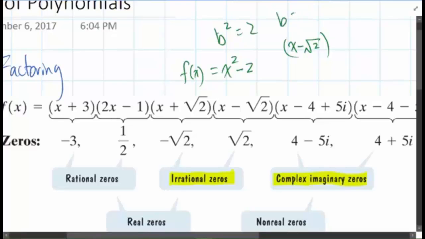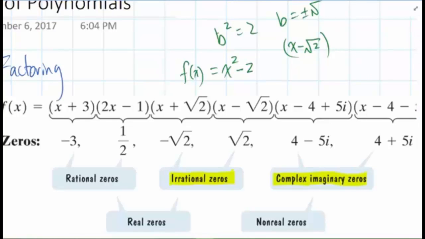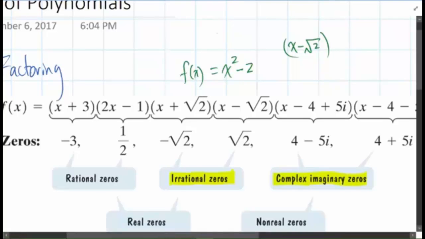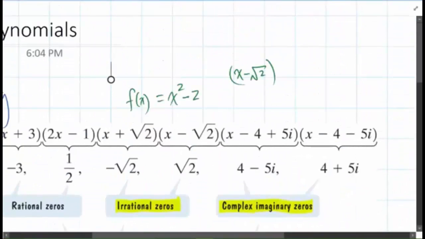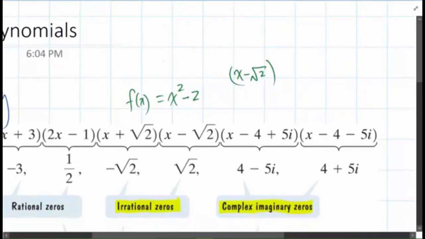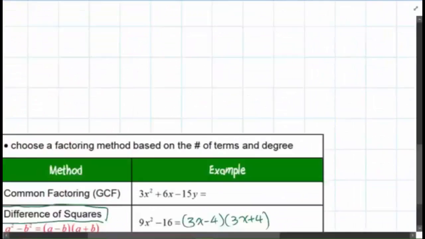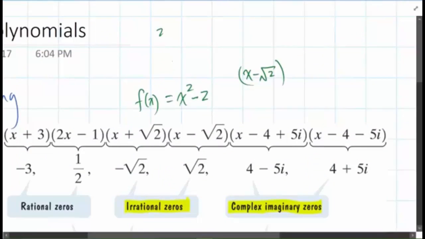You can add the plus or minus because b plus or minus equals 2. You're still going to have plus or minus for this one, so it doesn't really matter. So the square root of 2 would be b, and so that would also result in this.